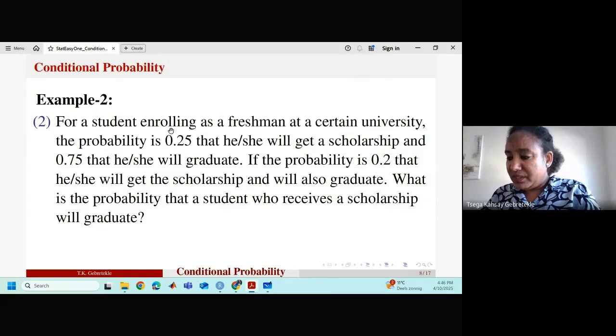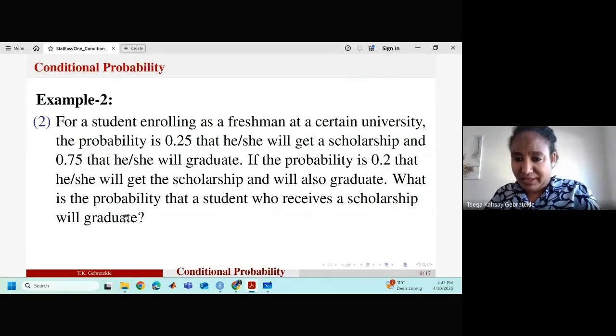For a student who got a scholarship, let's denote it as S. And for a student who graduates, let's denote it as G. So the probability of S is 0.25. The probability of G will be 0.75. And the probability of the intersection is 0.2, which is given. We are asked to find the probability that a student who receives a scholarship will graduate.